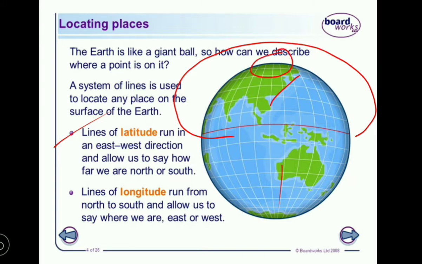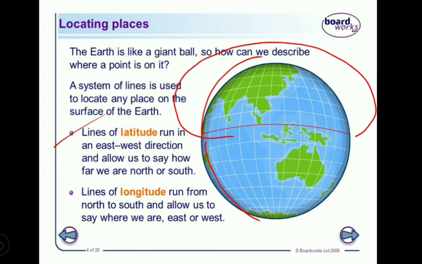For example, near the north pole and south pole, the circular lines are smaller compared to the equator. From the 0 degree equator to 90 degrees north, latitudes are available, and in the southern hemisphere also 90 degrees of latitudes are available. In total we have 180 degrees of latitudes on the globe.